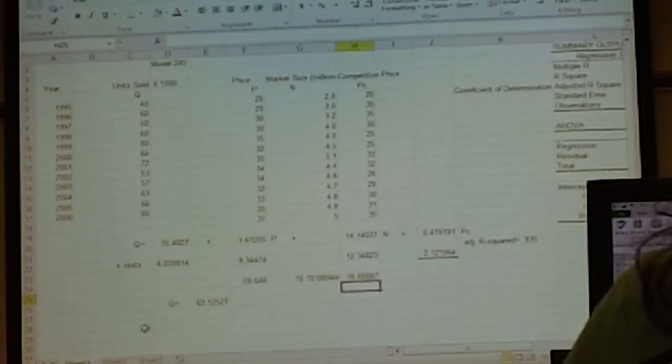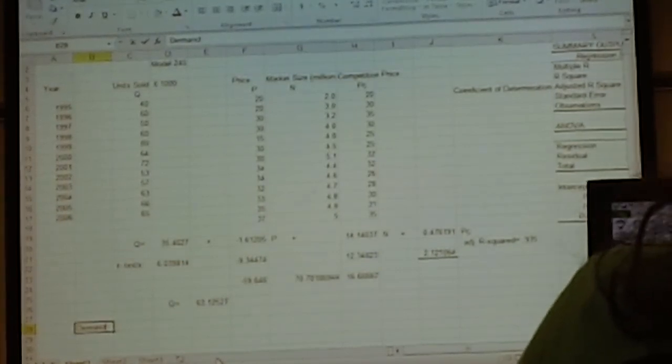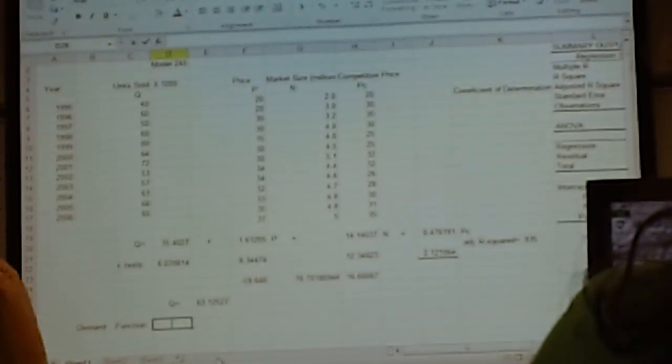So for the demand function, we're gonna have Q equals.